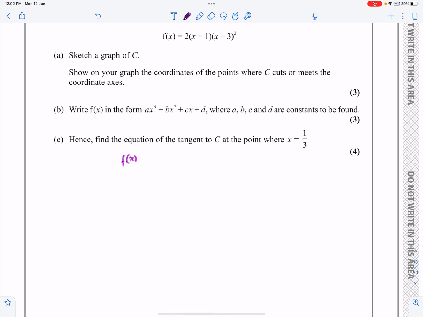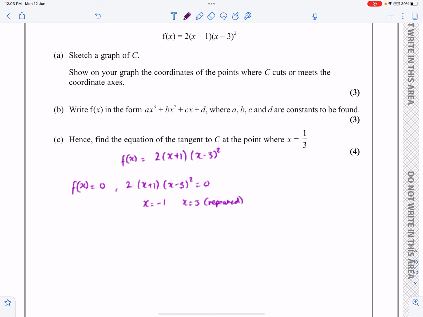If f(x) is equal to 2(x + 1)(x - 3) squared, if we say f(x) equals 0, this is where it's going to hit the x-axis. I'm going to get 2(x + 1)(x - 3) squared equals 0, which is going to give me x equals -1 and x equals 3 repeated.